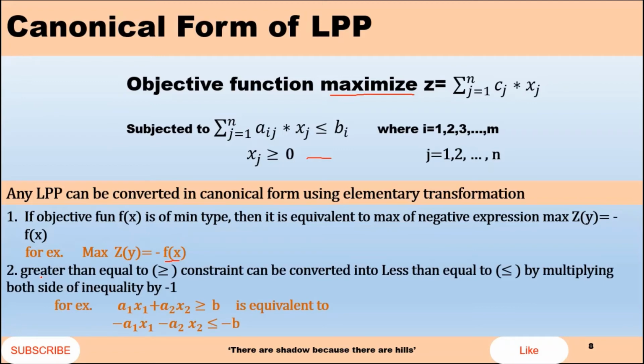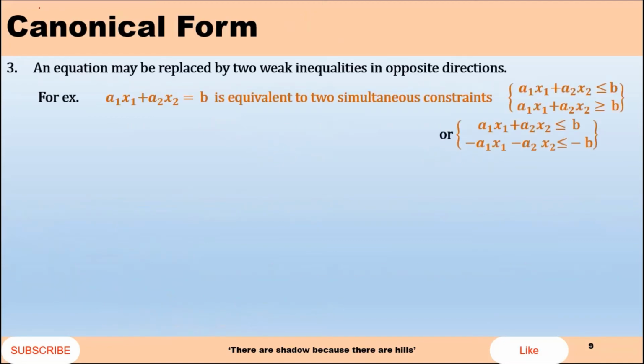Second, a greater than or equal to type constraint can be converted into less than or equal to type constraint by multiplying both sides of the inequality by minus 1, right? So if the constraint is greater than or equal to type, multiply both sides of the inequality by minus 1, and you will get the less than or equal to type constraint. An equation may be replaced by two weak inequalities in opposite directions.